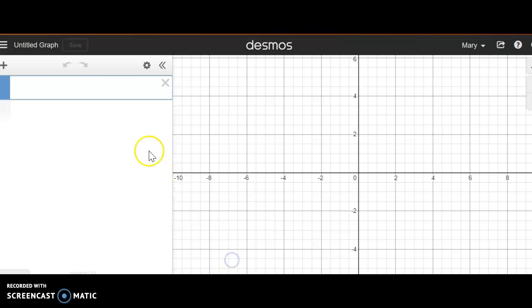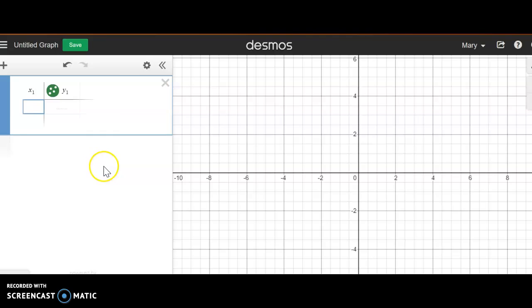If you notice this little plus sign up here, we're going to hit that plus sign, and you can write your expression, you can put notes, you can put a table, you can put an image, but we're looking right now at the table. So notice you have your table there, and we're going to add in our information from our table. So give me just a second. I'm going to pause it and enter in the information.